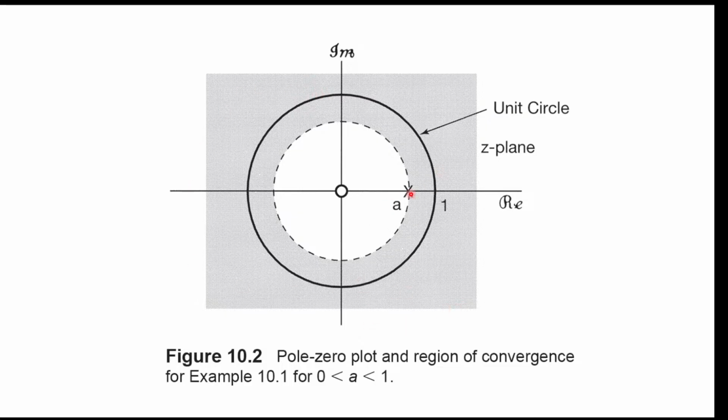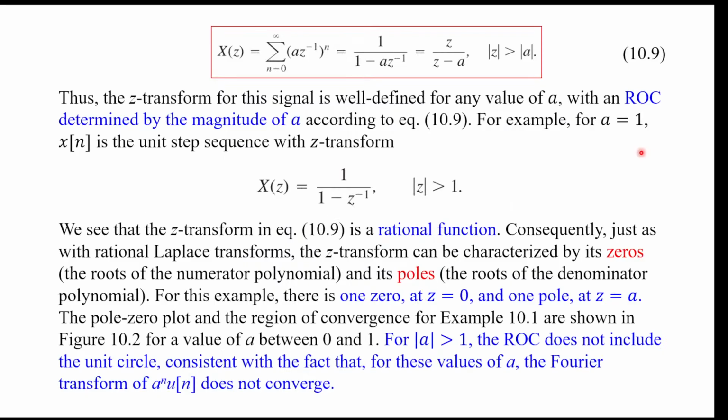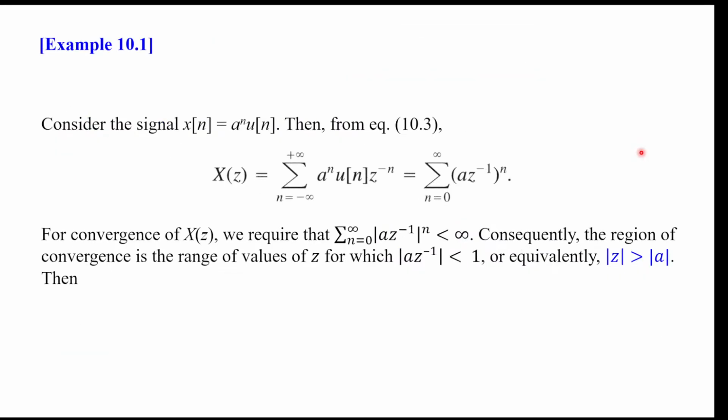And it has a pole here, and it also has a 0 in the middle. It's a bit confusing because it has a 0 outside of the ROC, but this is what happened.